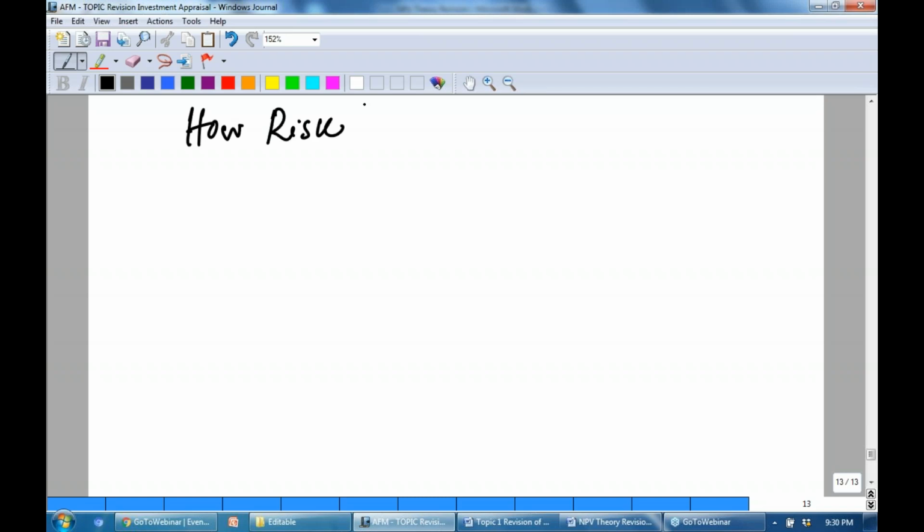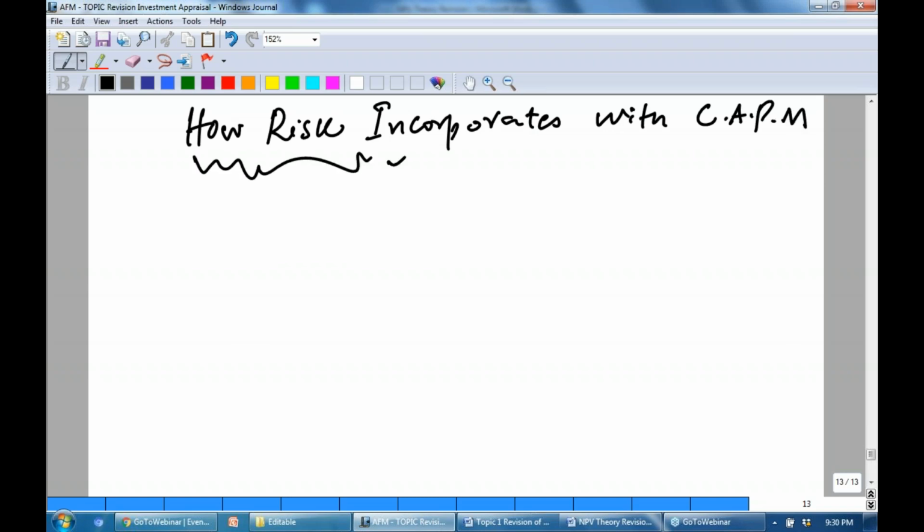How risk is incorporated with CAPM. This is a very important topic you have to cover and you must know.